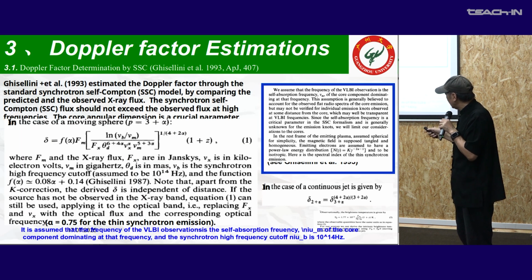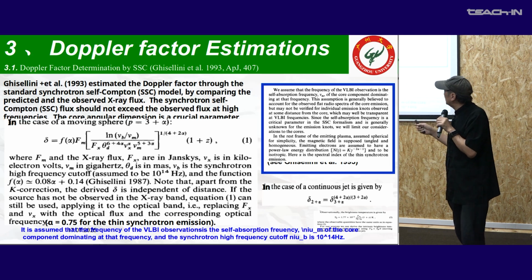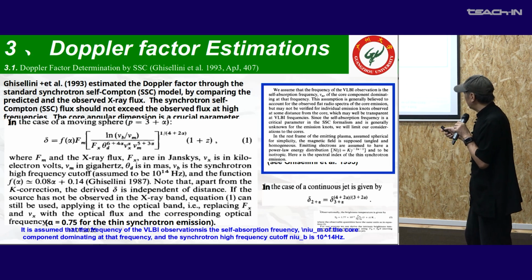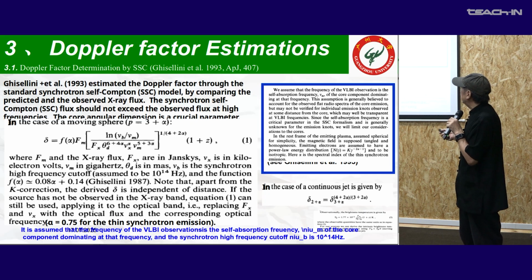They just use the standard synchrotron self-Compton model, comparing the predicted and the observed X-ray flux. Then they can get the Doppler factor in this way.